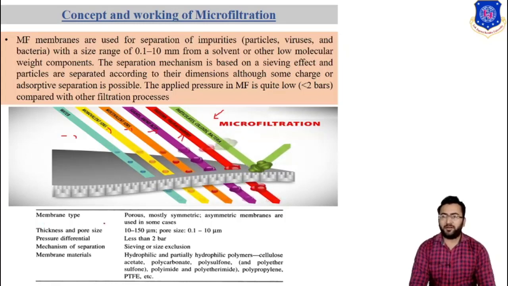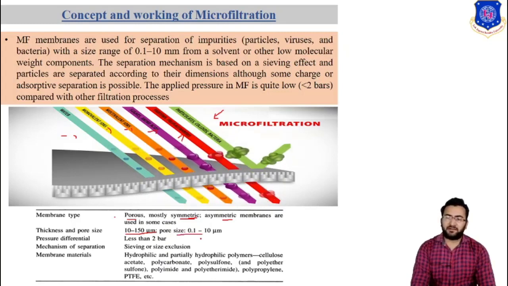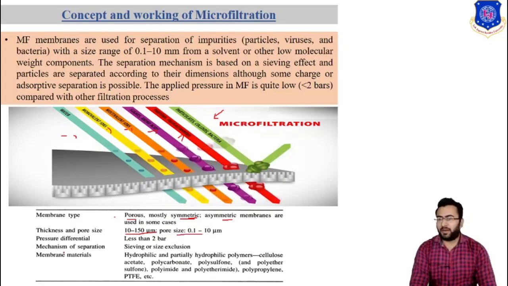Various types of membrane are used in microfiltration, such as porous membranes, symmetric membranes, or asymmetric membranes. Mostly porous and symmetric membranes are used, while sometimes asymmetric membranes are also used for particular applications. The thickness of a microfiltration membrane is 10 to 150 micrometer, where the pore size is 0.1 to 10 micrometer.